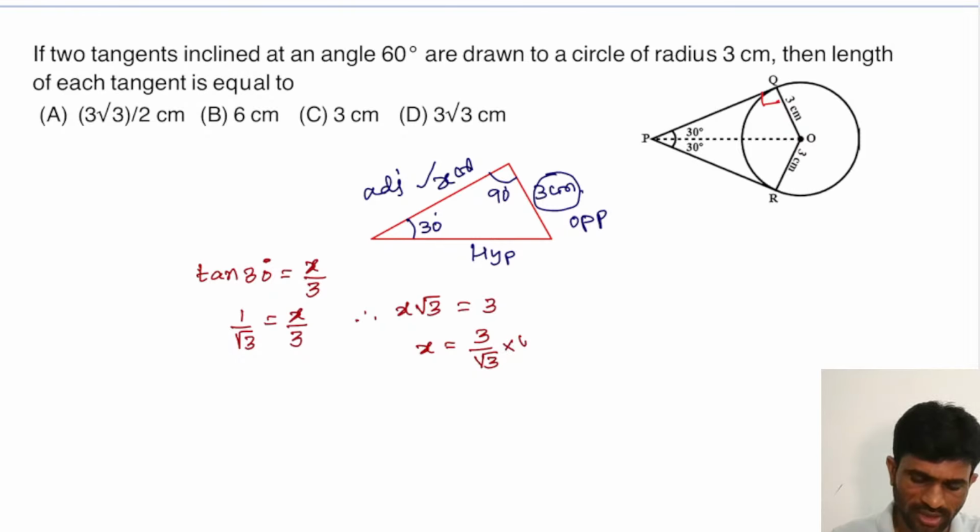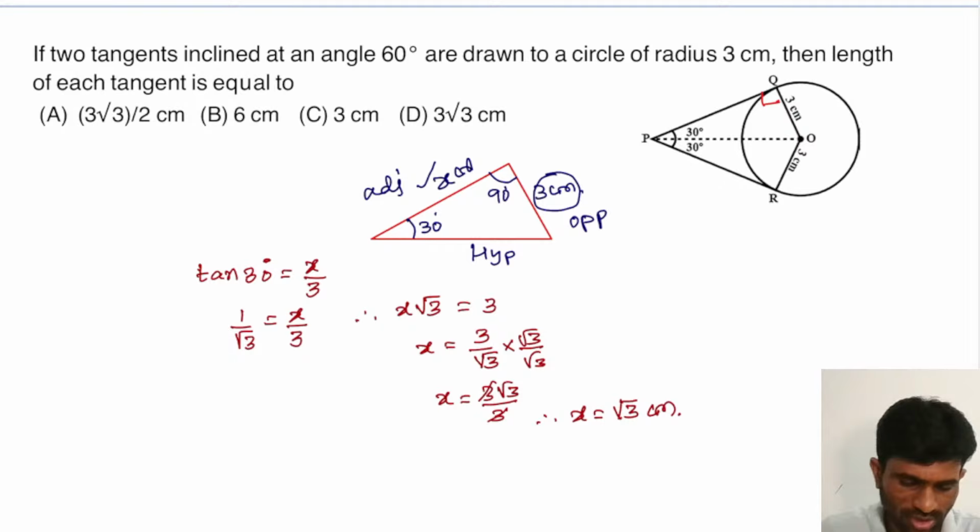We can rationalize it. So it becomes 3 root 3 by 3. 3 cancels. So x is equal to root 3 centimeters. But the option is not given.